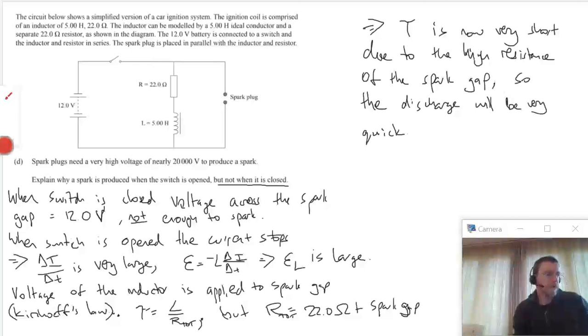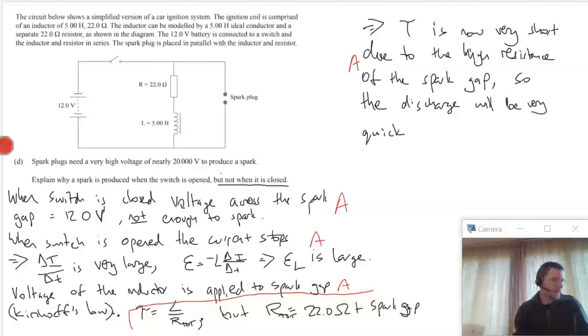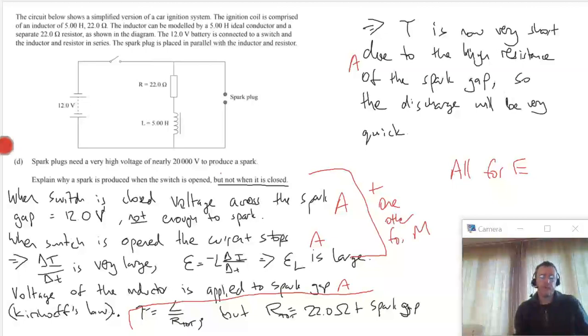Now, what I can't remember is, did we already have, I think what you have to have here is, this is worth an A, this is worth an A, this is worth an A, this is worth an A. You need these ideas, you need all of them for E, and you need these plus one other for M. Okay, so you need to say this, that 12 volts is not going to be enough, and that when the switch is opened, the change in current is very large.